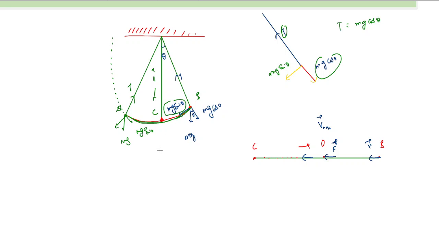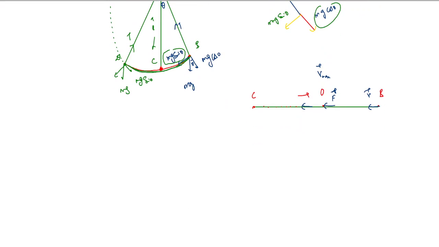So it will have a torque. Torque is defined as the product of force and its perpendicular distance. Here the force is mg sin theta, and the distance would be its radius, which is L in this case.